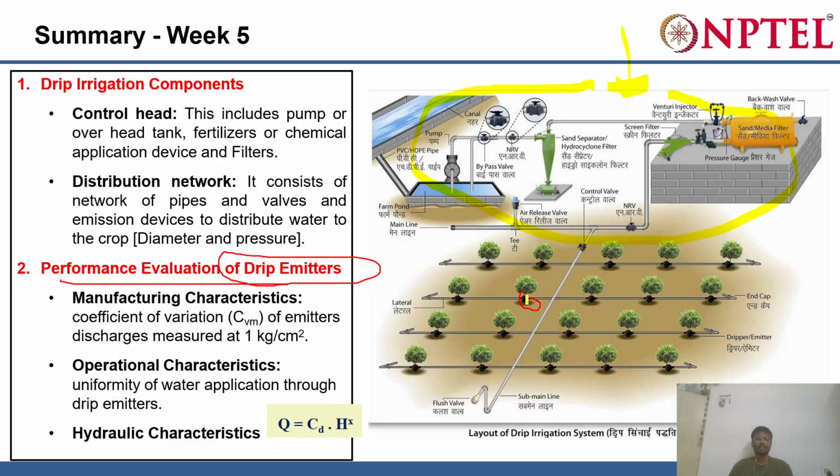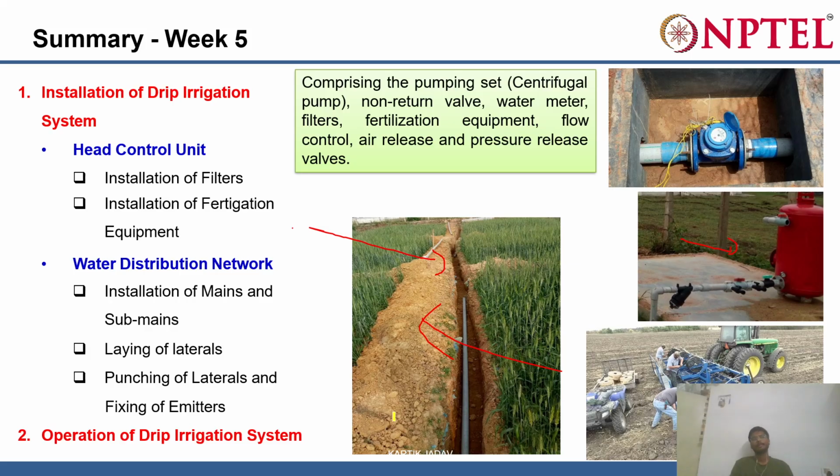And in that, you have different characteristics like manufacturing characteristics, operational characteristics, and hydraulic characteristics. Manufacturing characteristics include coefficient of variation from the manufacturer, measured at around just 1 kg per centimeter square. Operational characteristics concern uniformity of water application through gravimeters. And hydraulic characteristics define the shape of emitters, that is, the design of emitters.